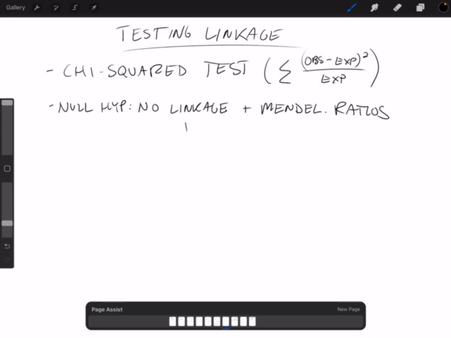So if you recall, our test cross was a heterozygous individual by a homozygous recessive. And one place that really illustrates the value of the test cross is in the progeny numbers.